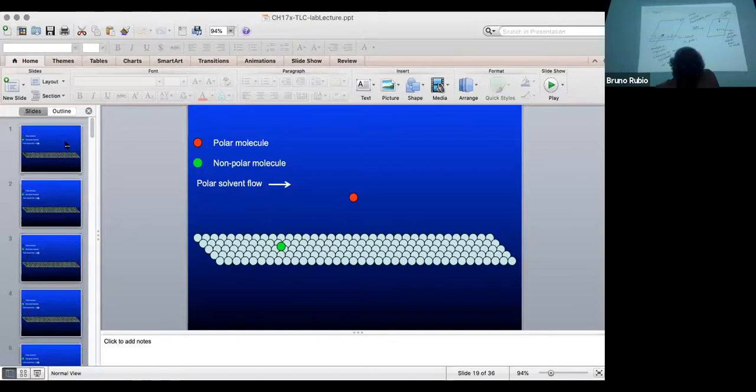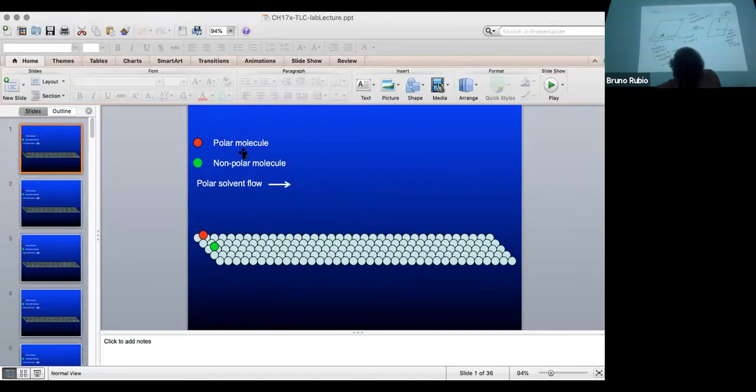Okay, so before we begin, there's the silica surface, right? It could be moderately polar. And I have two substances on here. One of them is a polar molecule and one of them is a non-polar molecule. And I'm going to allow polar solvent to sweep past this coating of silica.